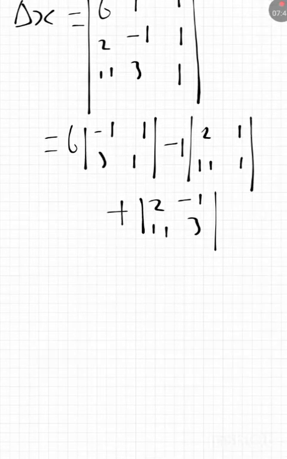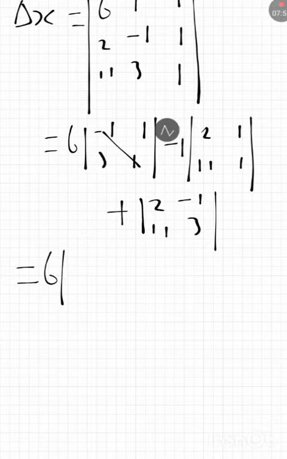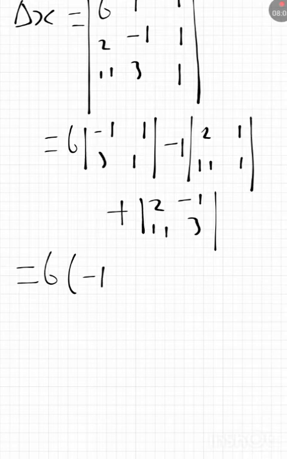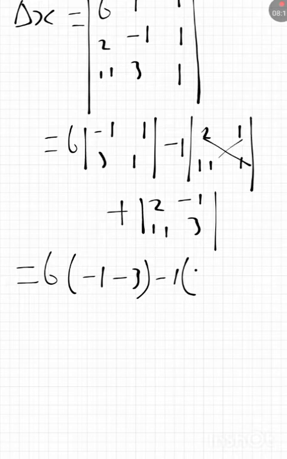So let's solve this and get the final answer. I have 6 into bracket. Don't forget you multiply the first diagonal minus the second diagonal. So I have minus 1 minus 3. Then minus 1 into bracket, the product of this diagonal minus the product of this diagonal. That is 2 minus 11.